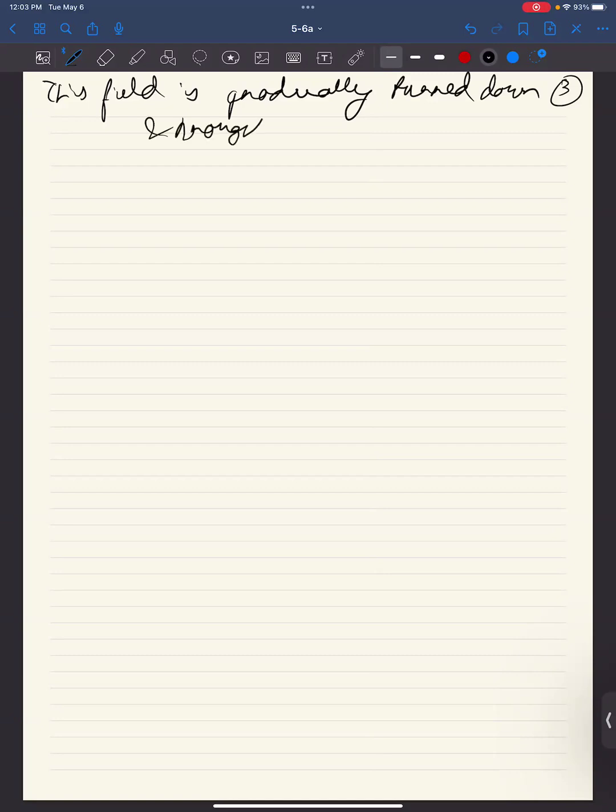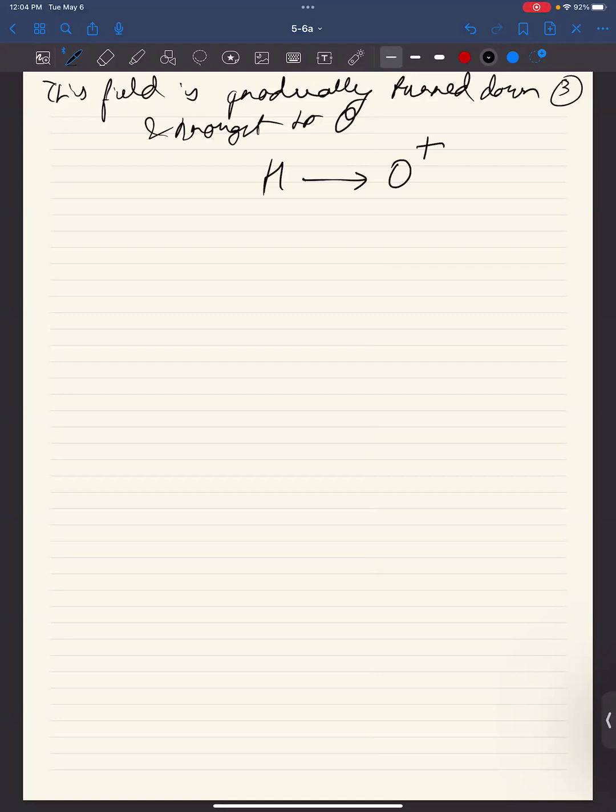And this field is gradually turned down and brought to 0. So mathematically speaking, H goes to 0, but from the plus side, right? If you remember your calculus, this is the notation we use. When you have a function approaching 0, are you approaching 0 from the negative side or from the positive side, right? So this is approaching 0 from the positive side.